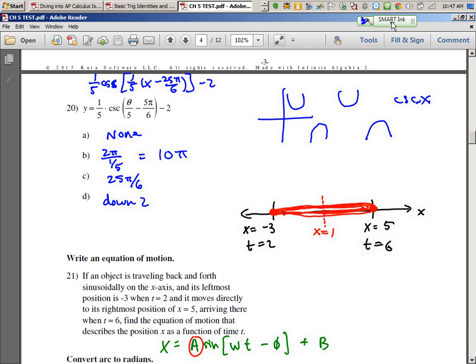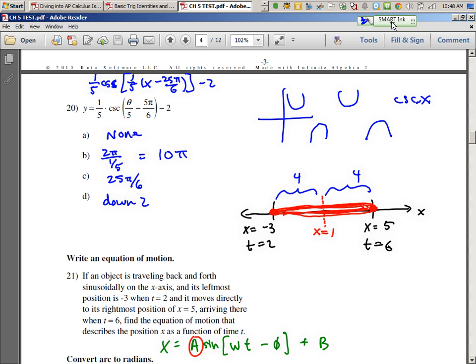The distance on this side is 4 inches, or whatever, 4 miles, 4 inches. And then this is 4 inches, see? So the motion is 8 units wide, from -3 all the way up to 5, but amplitude is defined as half of that motion. So it's 4 here and here, and x equals 1 right in the middle, see?